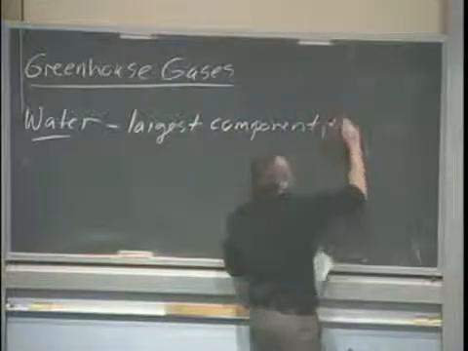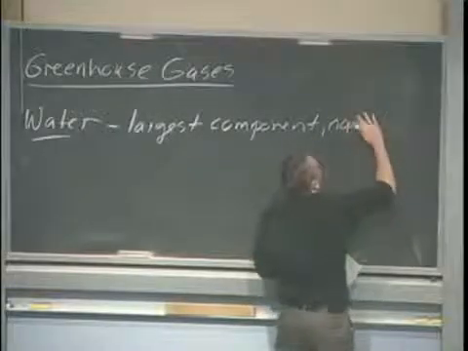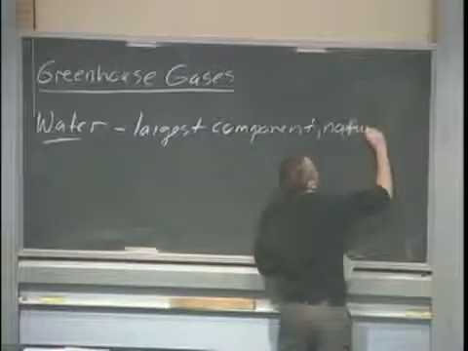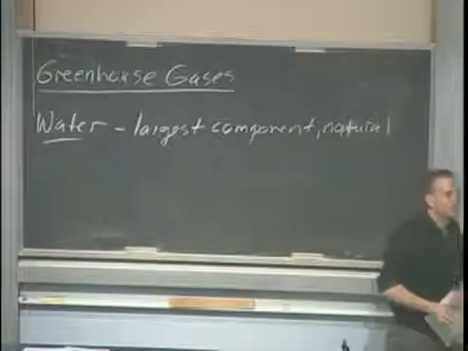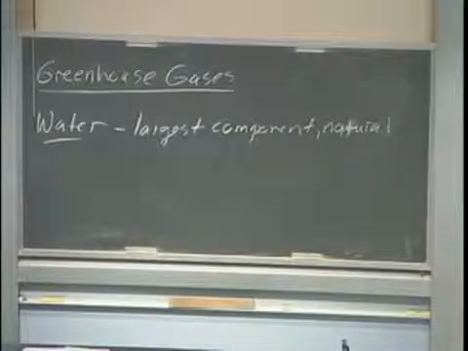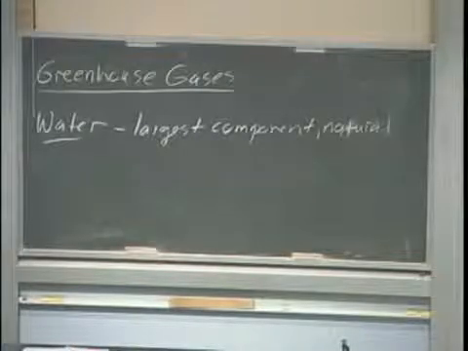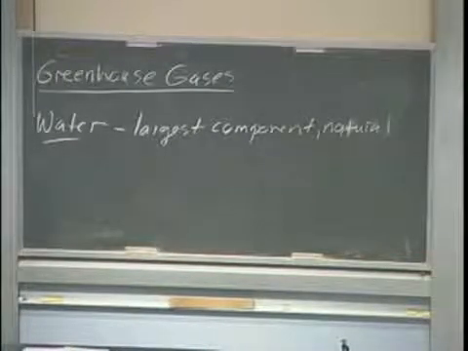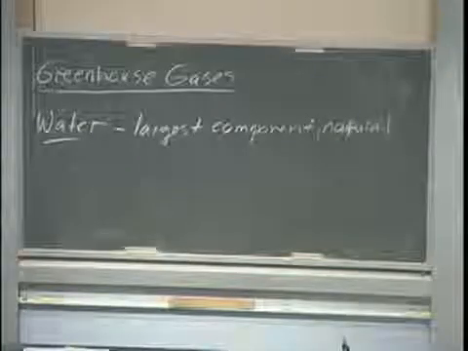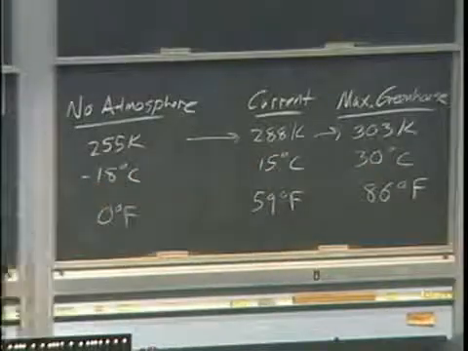And of course, it is mostly natural. So water alone is responsible for most of the difference between what the temperature of the Earth would be without an atmosphere and what it currently is today, so about 33 degrees Celsius.